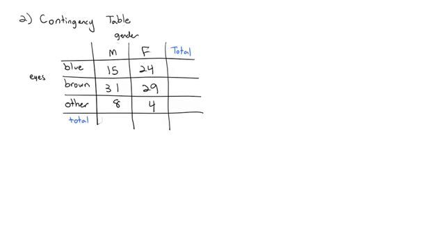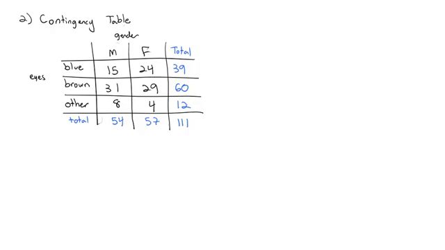So 15 plus 24, that's 39 blue eyes. 31 plus 29, that's 60 brown eyes. 8 plus 4 is 12 other eyes. And if we total the columns, 15 plus 31 plus 8 is 54 males. 24 plus 29 plus 4 is 57 females. And if we add either the row or the column, the overall total should come out to 111.